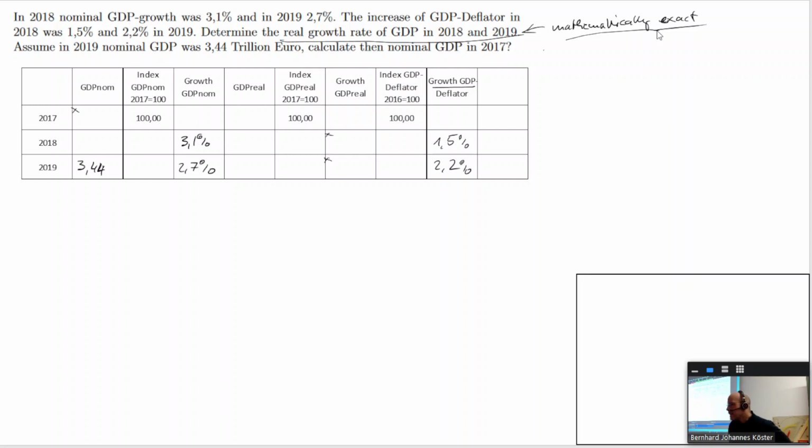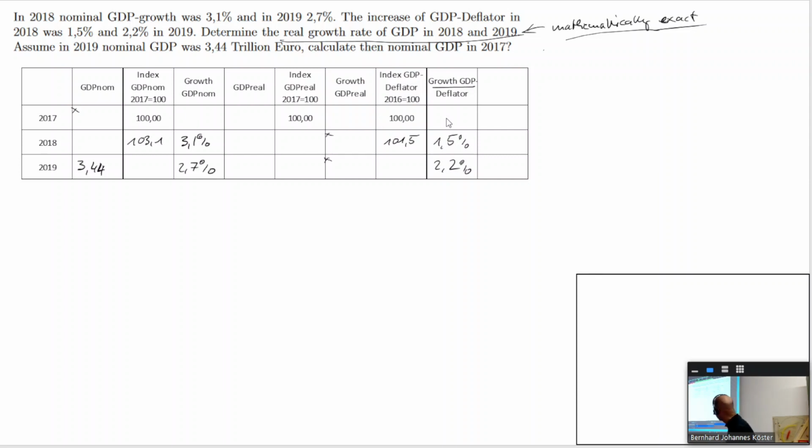What we can do is calculate the indices of the GDP deflator and of nominal GDP. Since we have 100 here, an increase of 3.1 means that we obtain 103.1. Okay? And here we obtain 101.5.